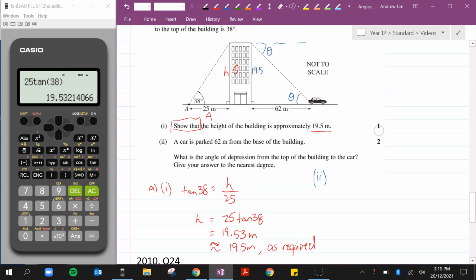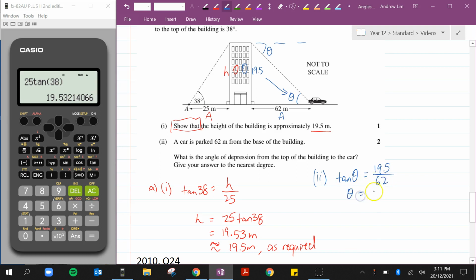So I'm going to label this as opposite to that angle. And this one here is adjacent. So again, I'm still going to be using tan. So tan of the angle is equal to opposite over adjacent.